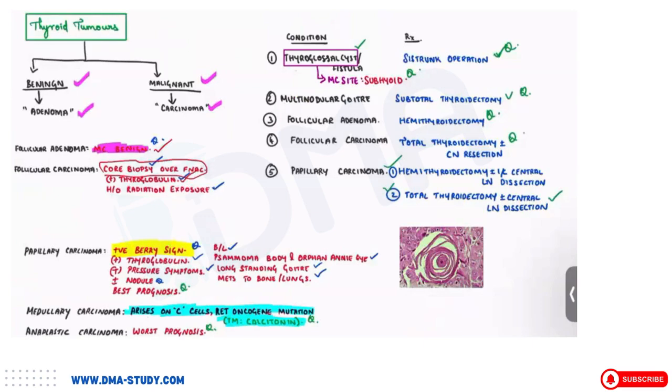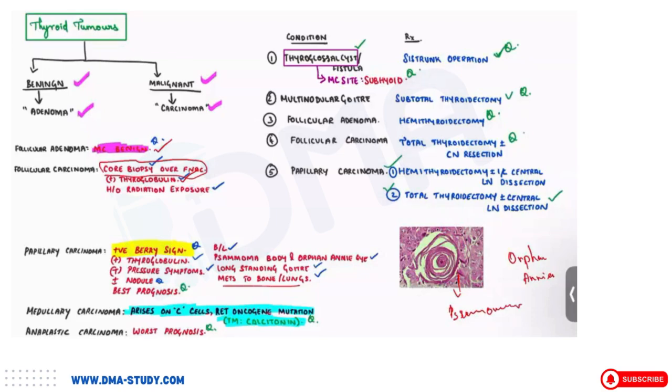While in papillary carcinoma, you see psammoma bodies and orphan Annie eyes, and you may see metastasis to bones and lung. There are only a few things to remember: positive Berry sign, orphan Annie eyes, and psammoma bodies for papillary carcinoma, while core biopsy and positive thyroglobulin are for follicular carcinoma.